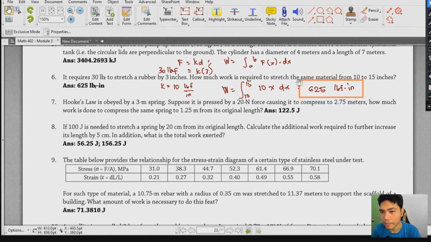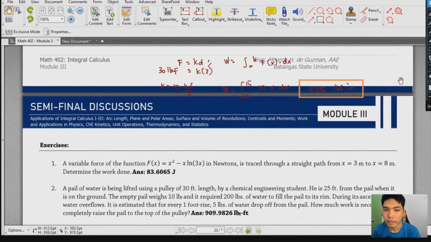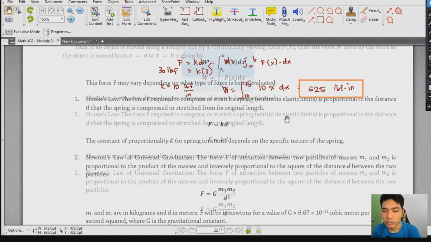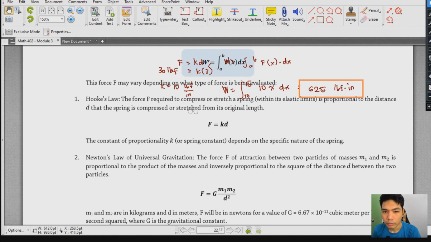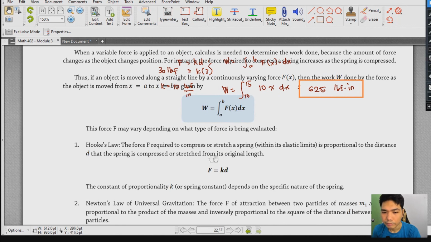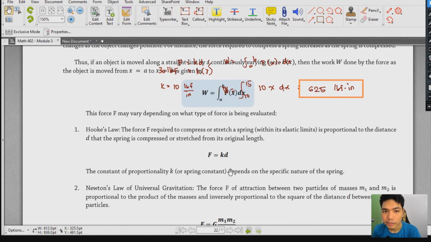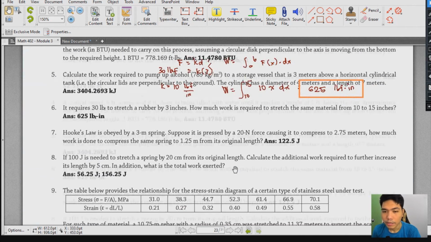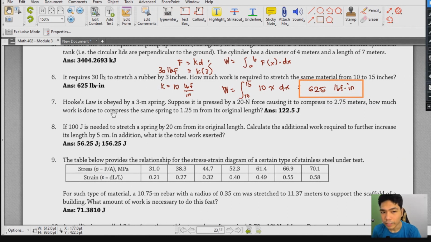Just add the x, which indicates the distance with respect to the initial distance to the final. So that's what we compute. You can also reflect that on the discussions that you have here. So, F is equal to kd. And hopefully you can answer number 7, because it's just like that.